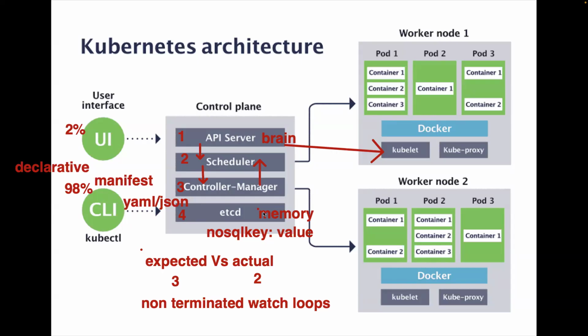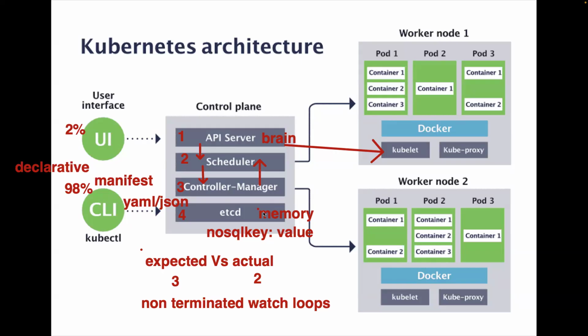Based on the difference between the expected and actual state, the controller manager will identify it and interact with the scheduler. The scheduler will then decide by calculating the available resources on every node, which node is available, and then schedule on it. And all this information they get from etcd.